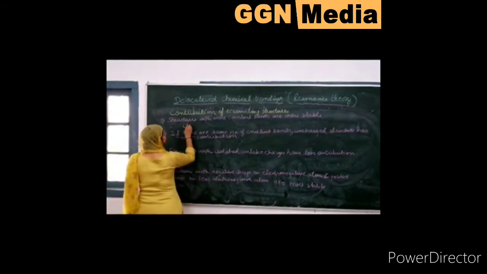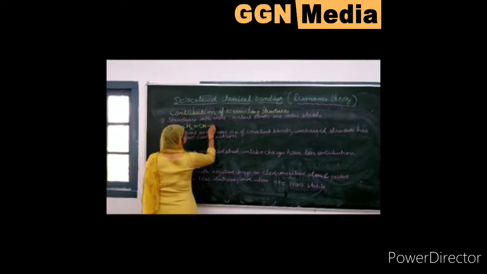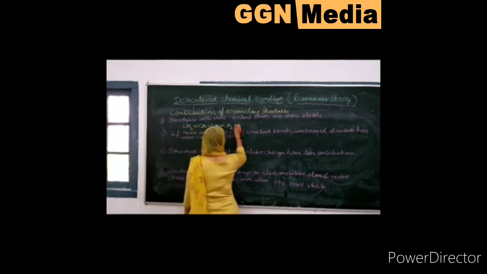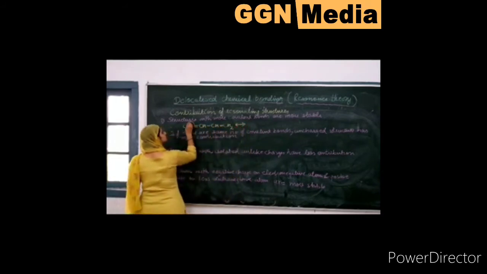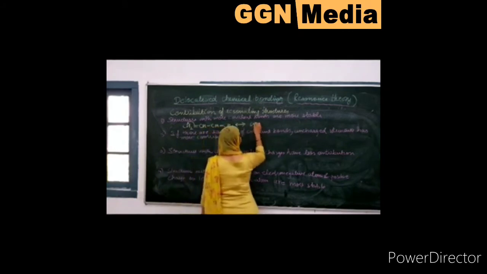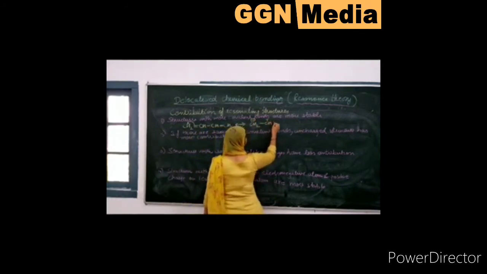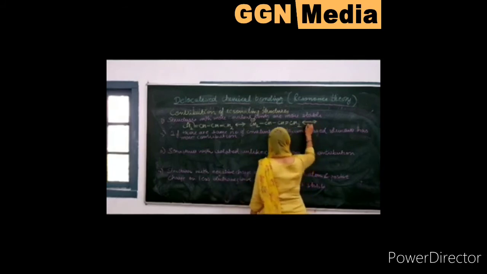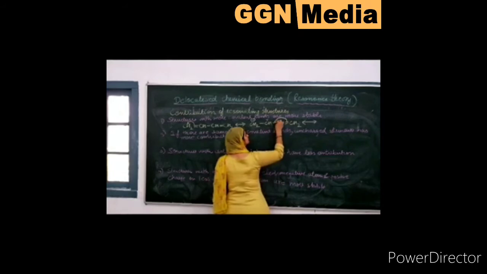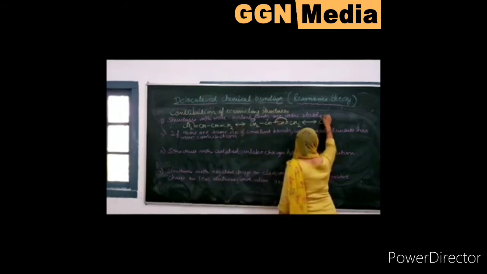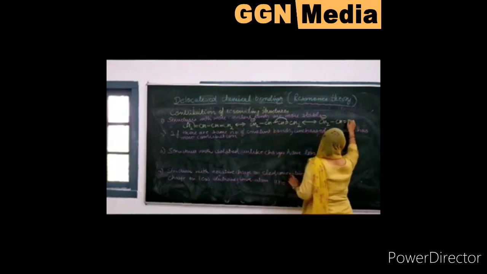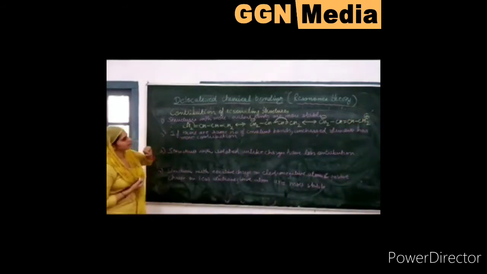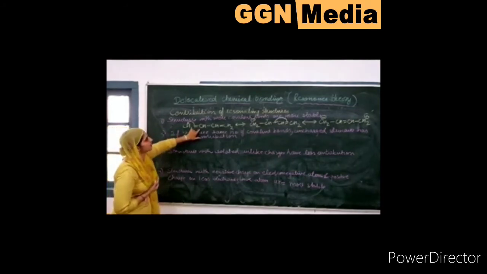So taking the example of 1,3-butadiene. In this case, out of all these structures, this structure has more covalent bonds.